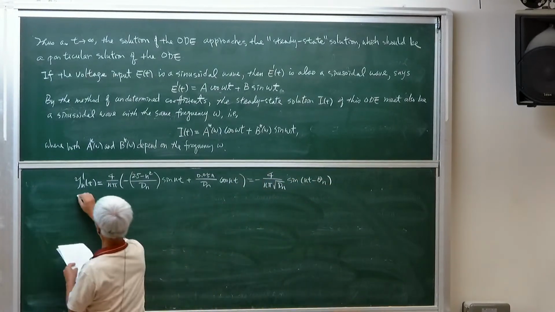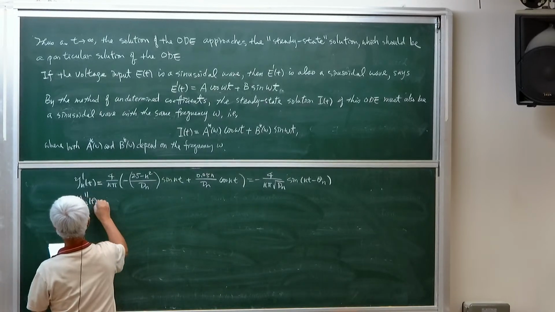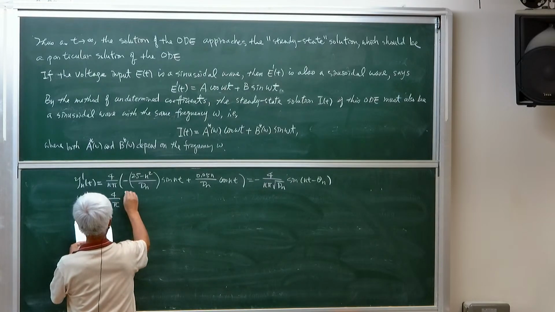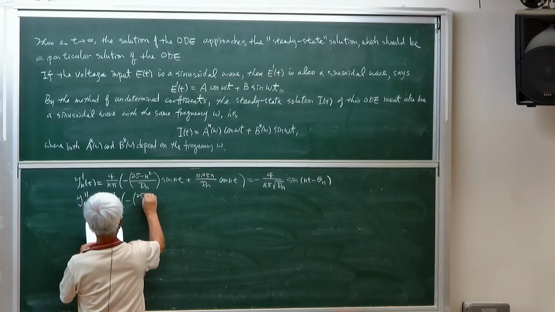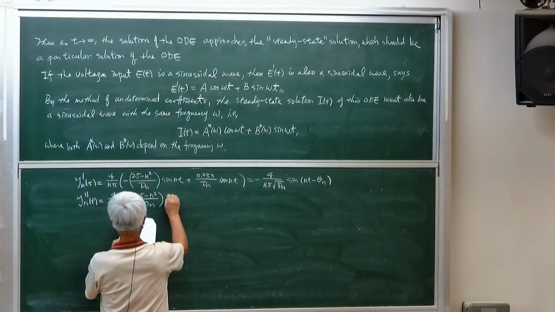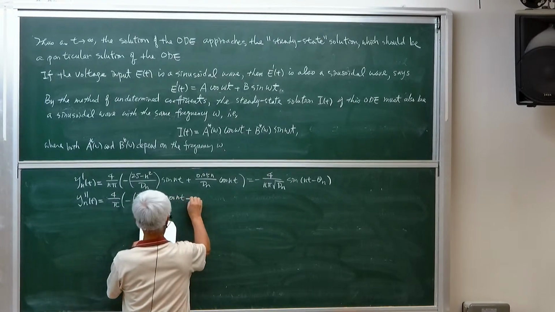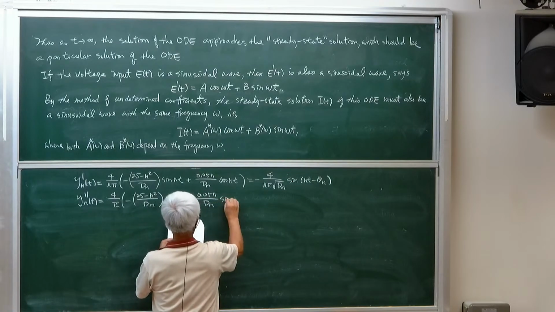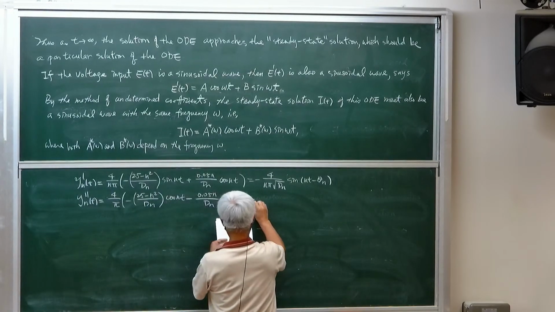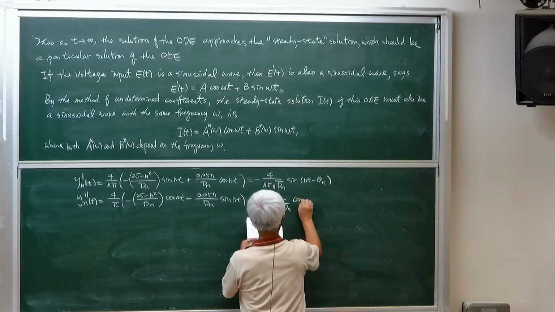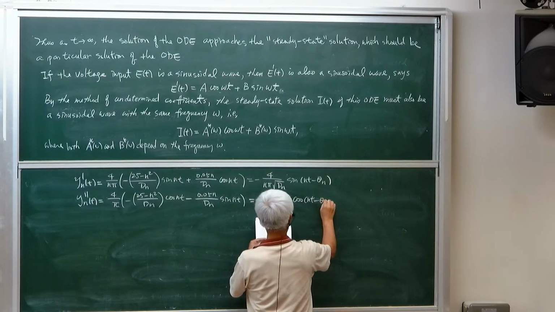And the second derivative of y_n(t) becomes 4 divided by pi, minus (25 minus n squared) divided by D_n, cosine nt minus 0.05 n divided by D_n, sine nt. So this is minus 4 over pi square root of D_n, cosine(nt minus theta_n).